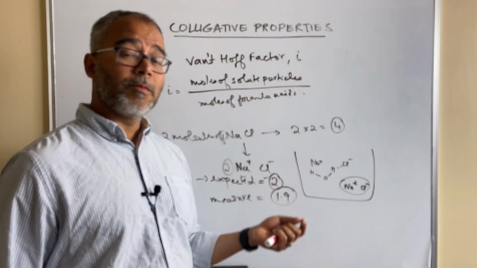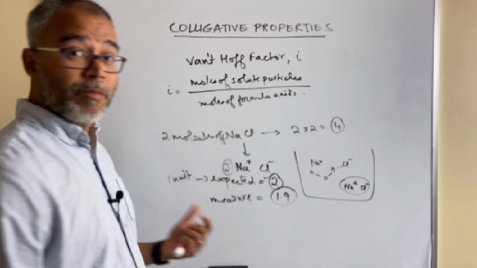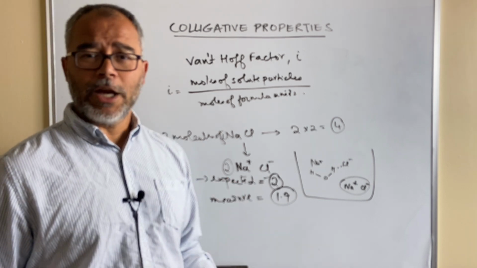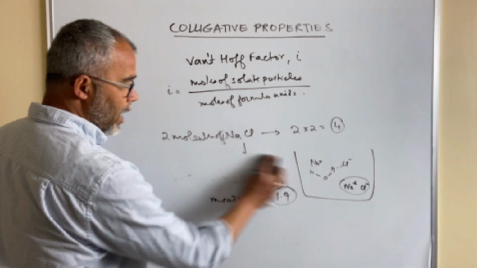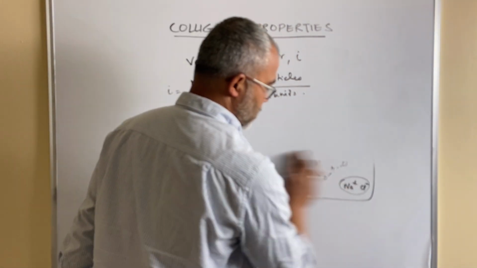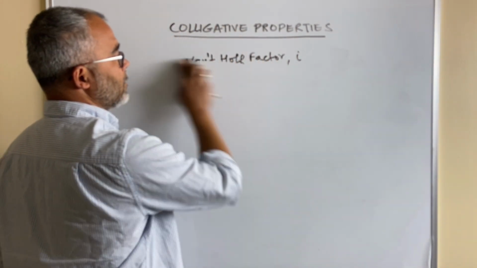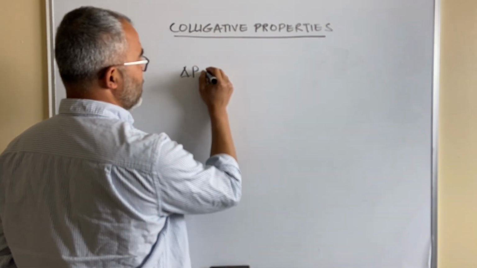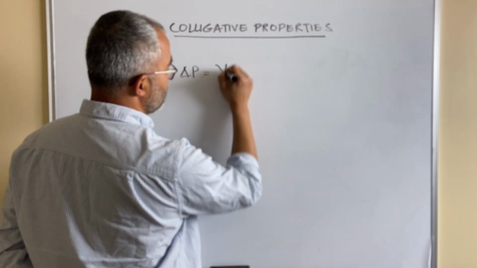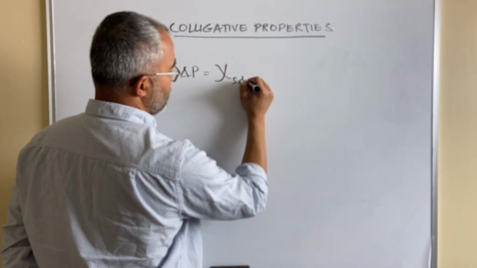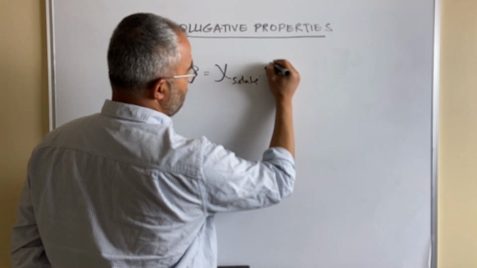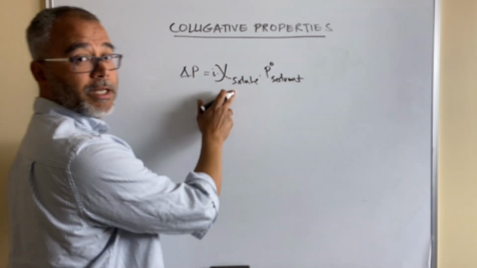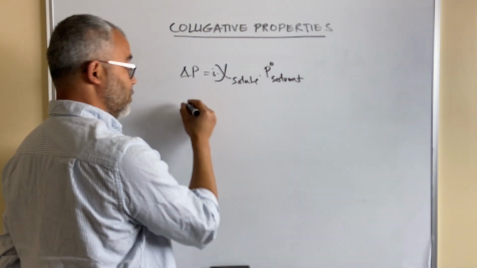Now, how does this apply to some of those colligative properties we learned about? Vapor pressure lowering, freezing point depression, boiling point elevation, and osmotic pressure. We just put a little i to the left of the formula. So when it comes to vapor pressure lowering, delta P, that's vapor pressure lowering, is equal to i times X solute times P naught of solvent, and this i is dictated by the solute we're concerned with.